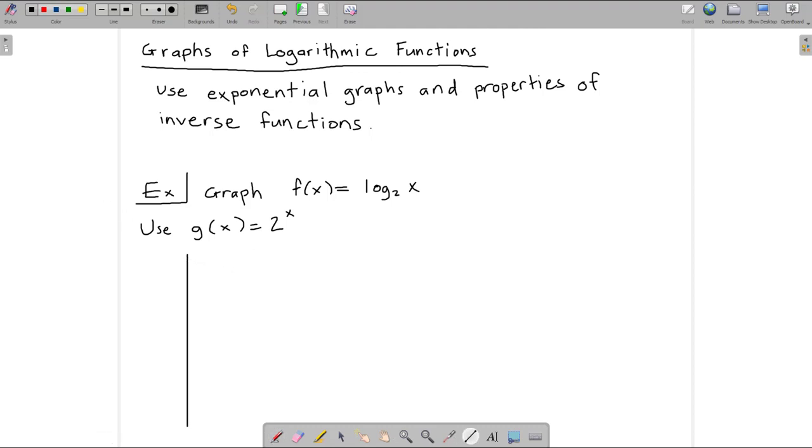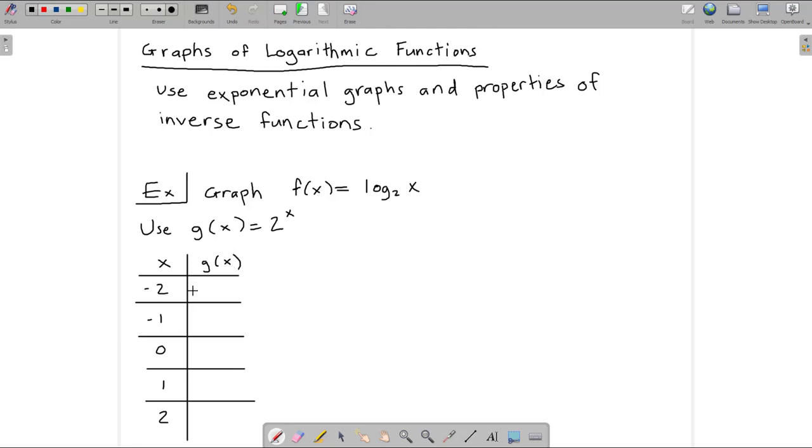So let's first graph this g of x equals 2 to the x. I'll make a table of values here: x, g of x. We'll just go from negative 2, negative 1, 0, 1, 2. Plugging into g of x, for negative 2 we get 2 to the negative 2 equals 1/4, because it's 1 over 2 squared.